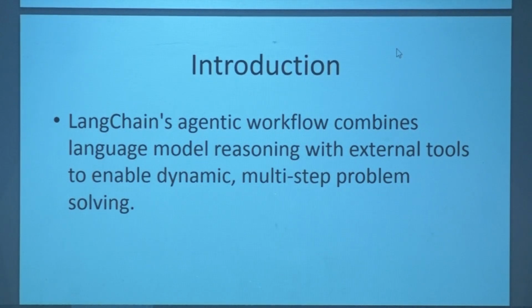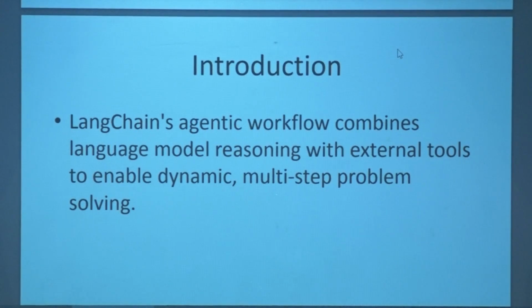So basically it combines language model reasoning with external tools. Each line is important. It uses external tools. Now, it is a question of your expertise: what external tools can you put in front of the LLM or the agent and say, here are the tools, now you use these tools.